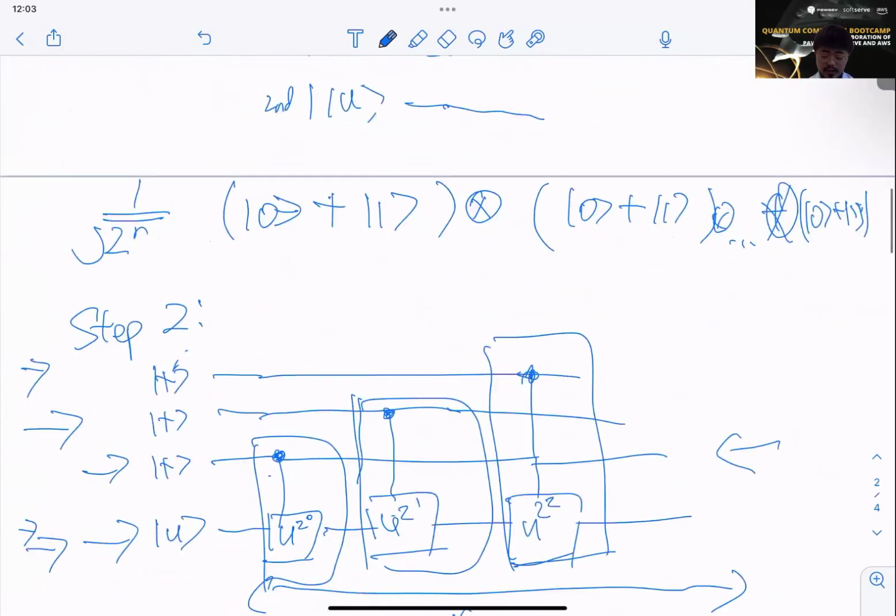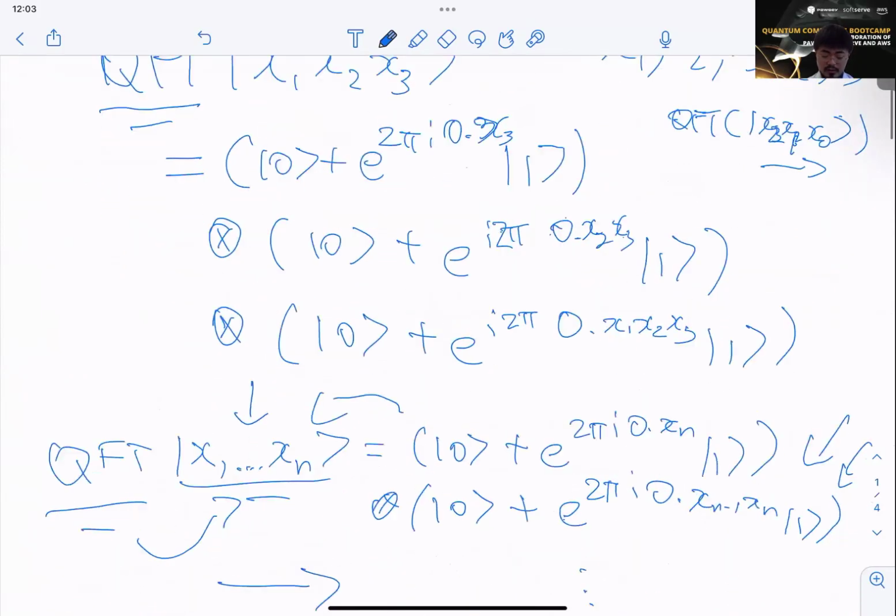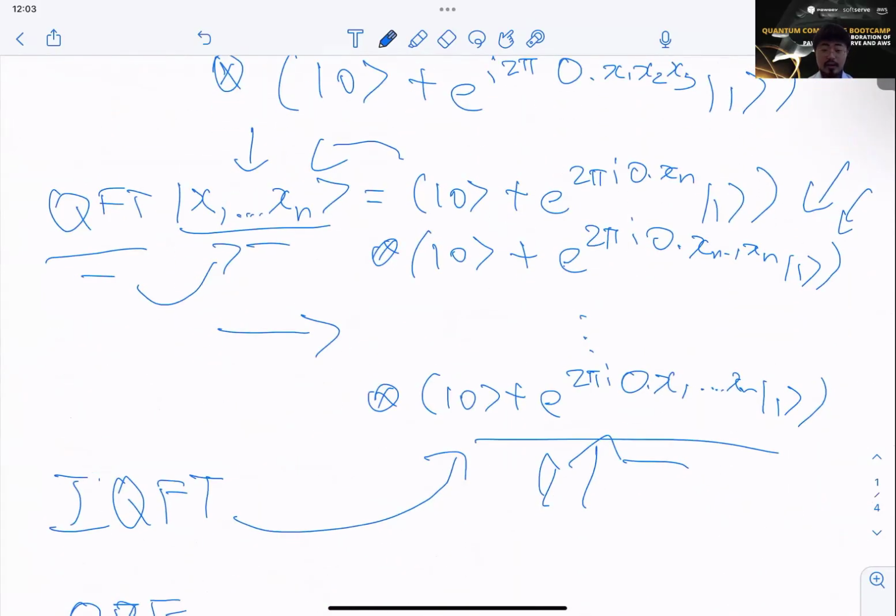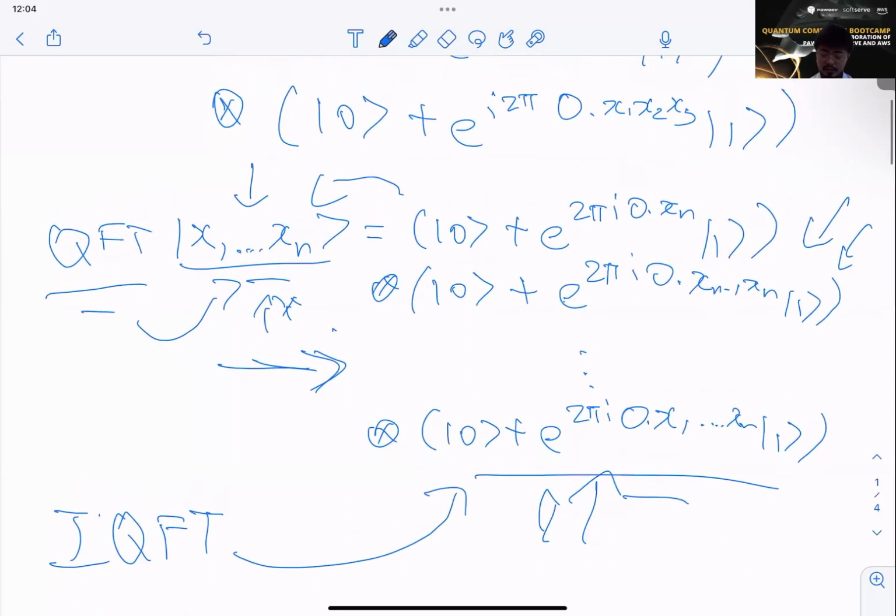if the QFT brings us from x1 dot dot dot xn, the bit string representation over here, to this representation on the right, the inverse QFT instead brings us from this expression on the right back to the bit string representation.